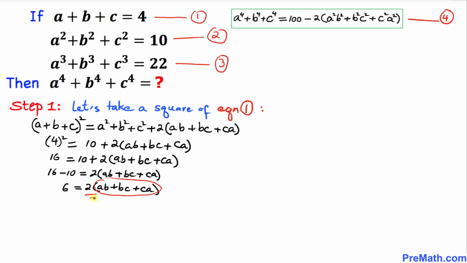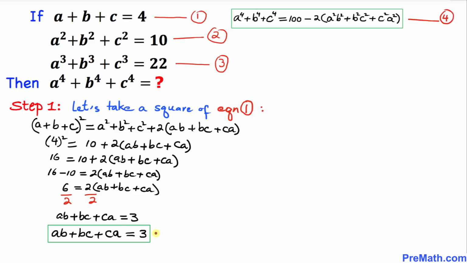I'm going to divide both sides by 2. Therefore ab plus bc plus ca turns out to be 3, and I am going to call this equation number 5.